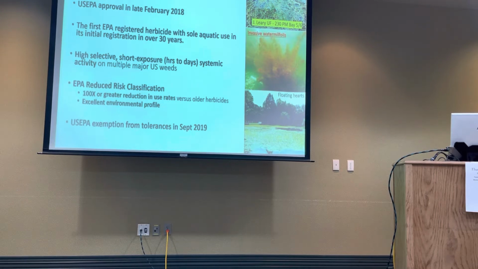A couple ounces of this stuff will take the place of hundreds of pounds of older technologies, like 2,4-D, for instance. It's got a really good environmental tox profile, so it doesn't cause a lot of harm. It barely has any restrictions on it, except for one advisory.